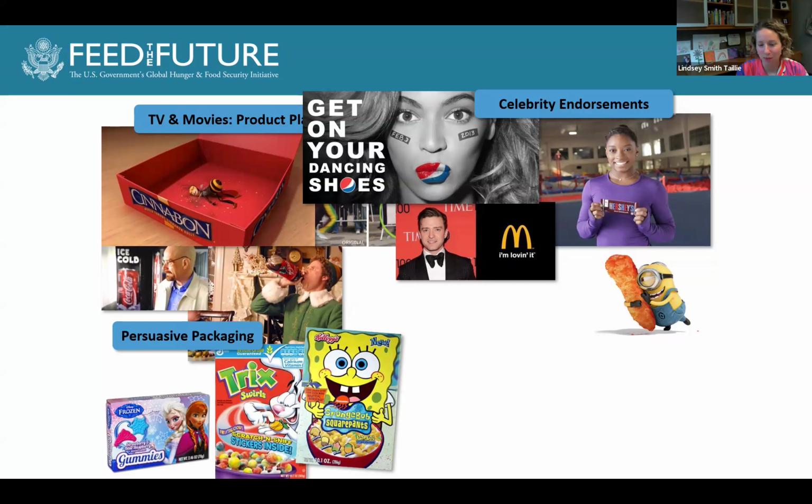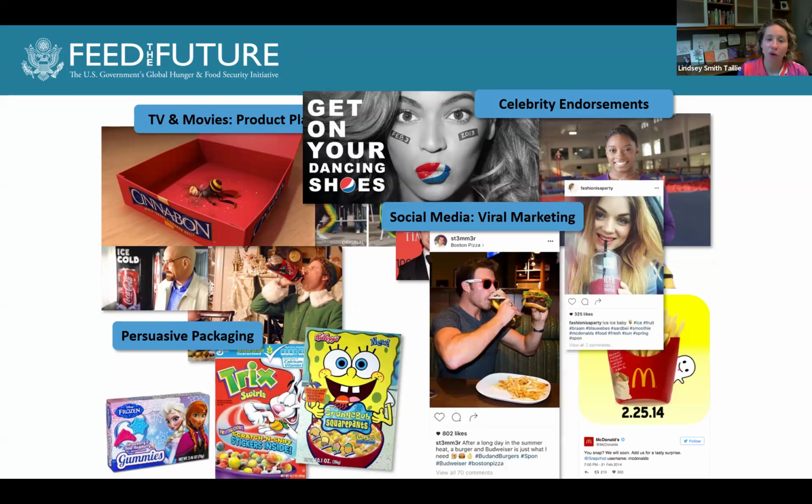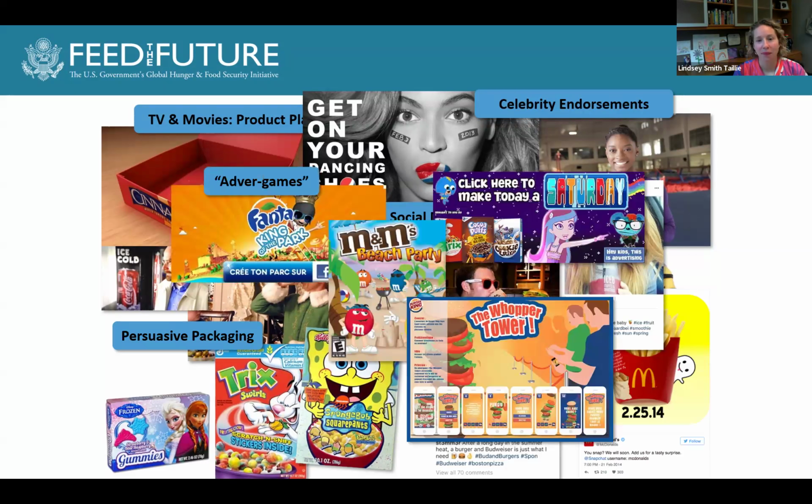When a kid is in a supermarket with their parent, they see a cartoon character or a movie character, and they start asking their parent for this type of product. Increasingly, of course, there's also social media marketing, and this is particularly problematic because it's so targeted to specific types of users. And then we also have games. And again, this is a really prevalent strategy for kids specifically.